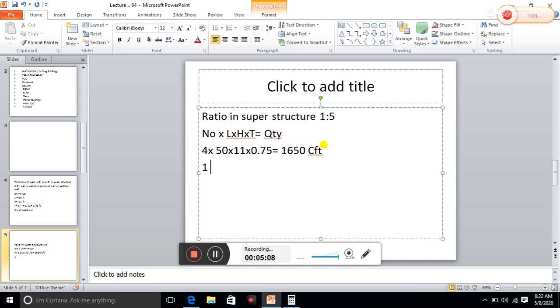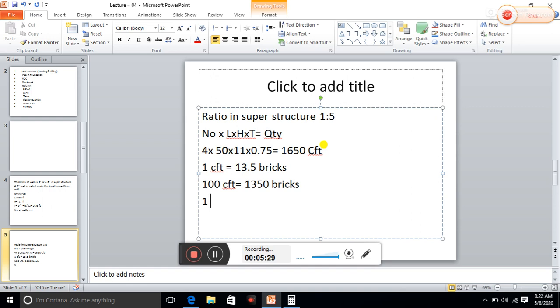Number one, 1 cubic feet is equal to 13.5 bricks. Second point, 100 cubic feet is equal to 1350 bricks.